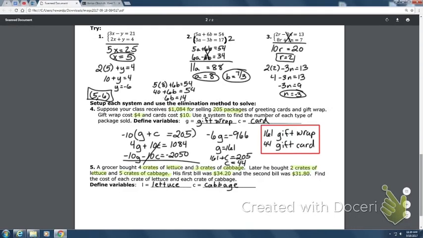So there's your equation right there. 4 crates of lettuce plus 3 crates of cabbage, and he paid $34.20. Second time he went, 2 crates of lettuce, 5 crates of cabbage, and he paid $31.80. So there's your second equation.